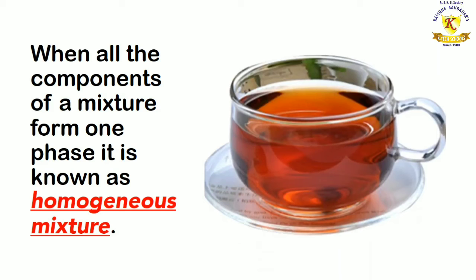Many ingredients are included in making tea, but the end result which we get, that is tea, which I have shown in the picture on the screen, has a uniform composition, that is same composition, means all the things are combined together to form one phase, that is known as a homogeneous mixture.